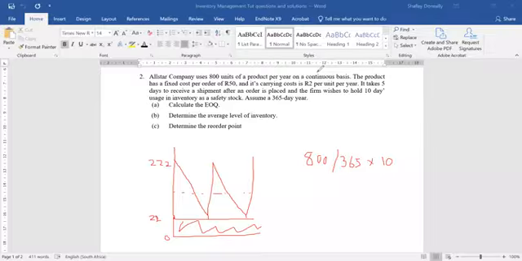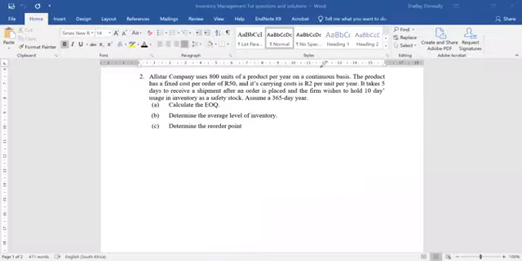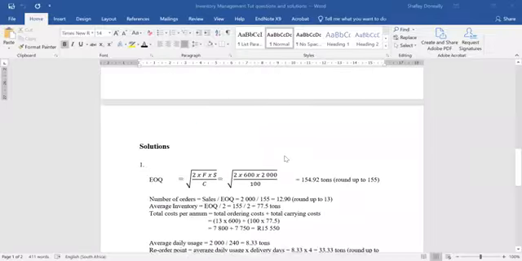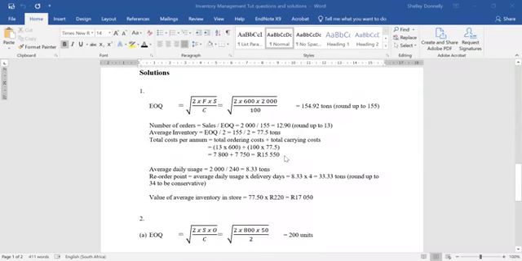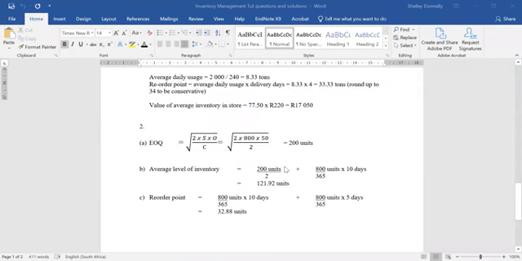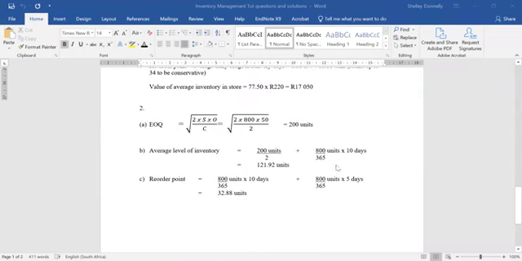Okay, so clear all drawings, and I'm going to go down here. And that's what we did. I was ignoring the safety level of stock. So here we worked out the amount of units they use every day, and 10 days worth of units worked out to be 22 units.